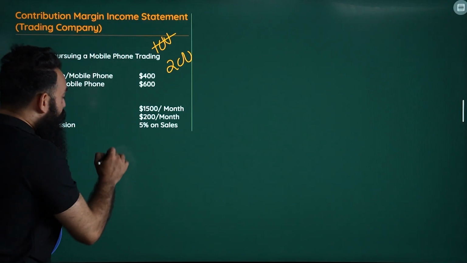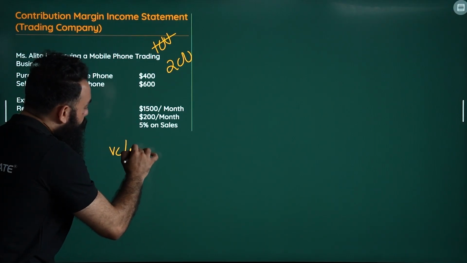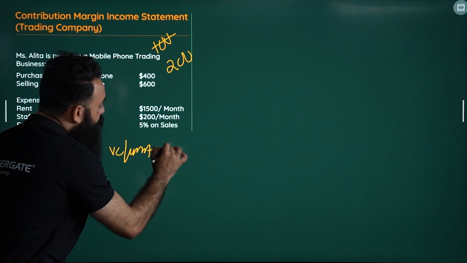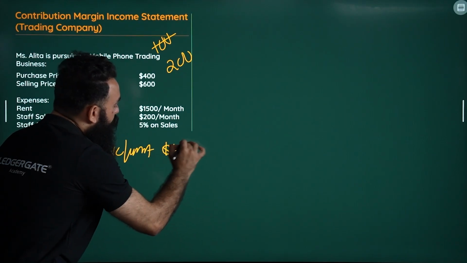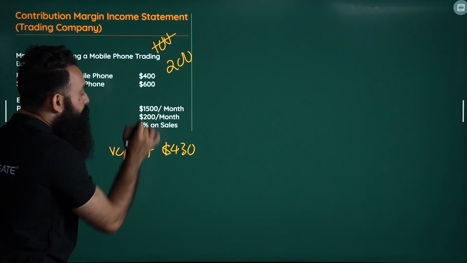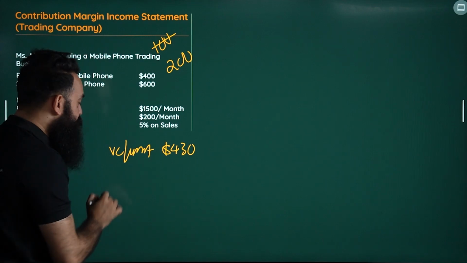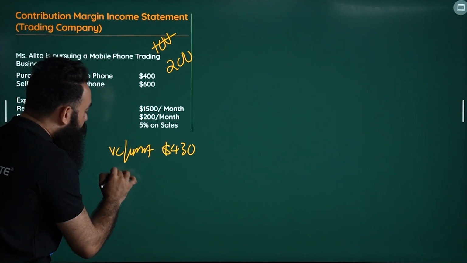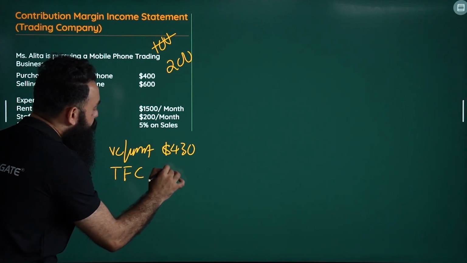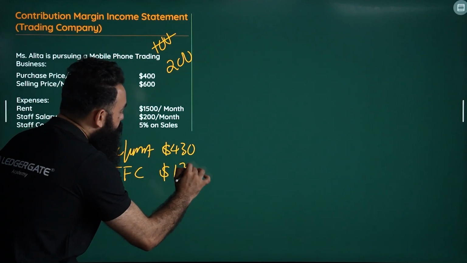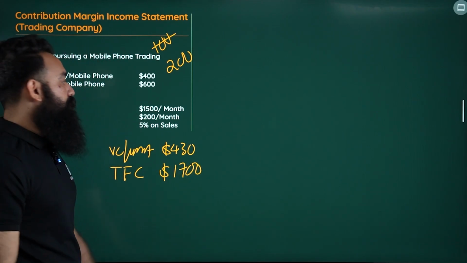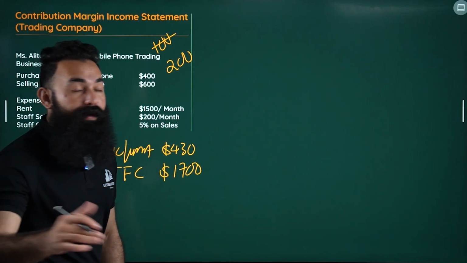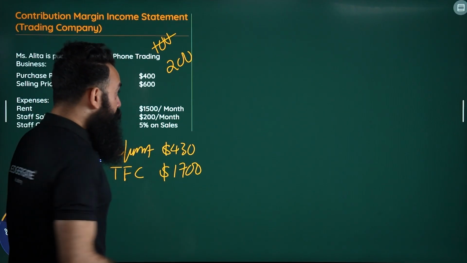As we know, our variable cost per unit is $430. That means this 400 plus $30 commission, and our total fixed cost is $1,700 per month. Based on this data, we are going to prepare another income statement.